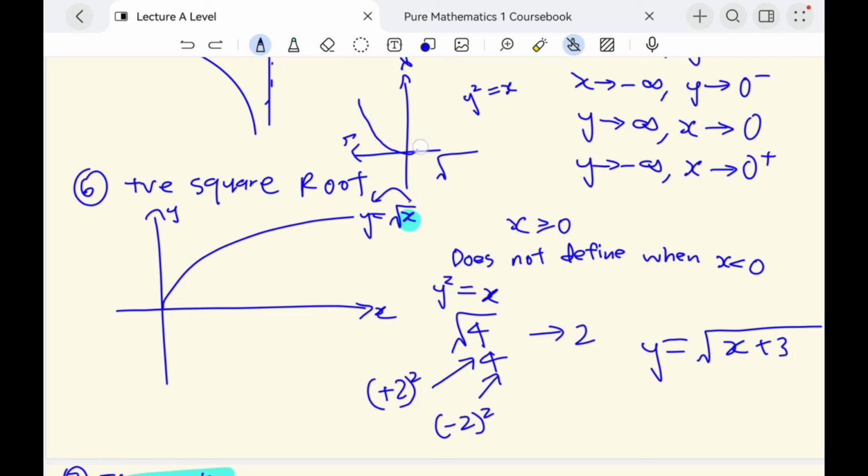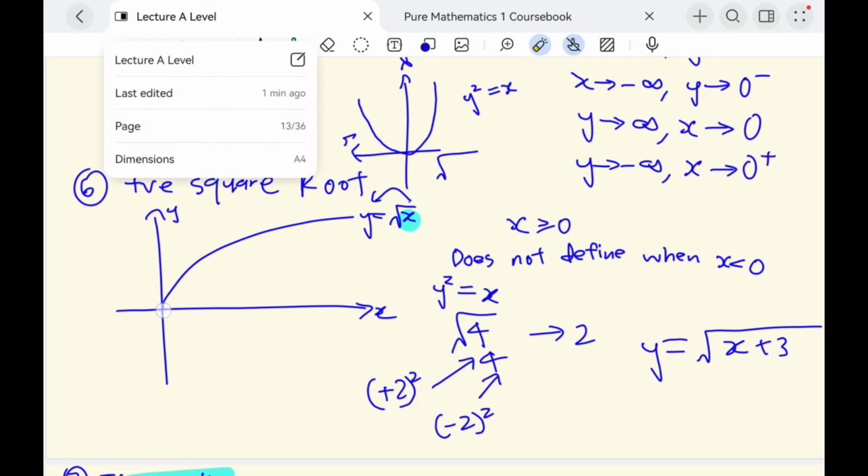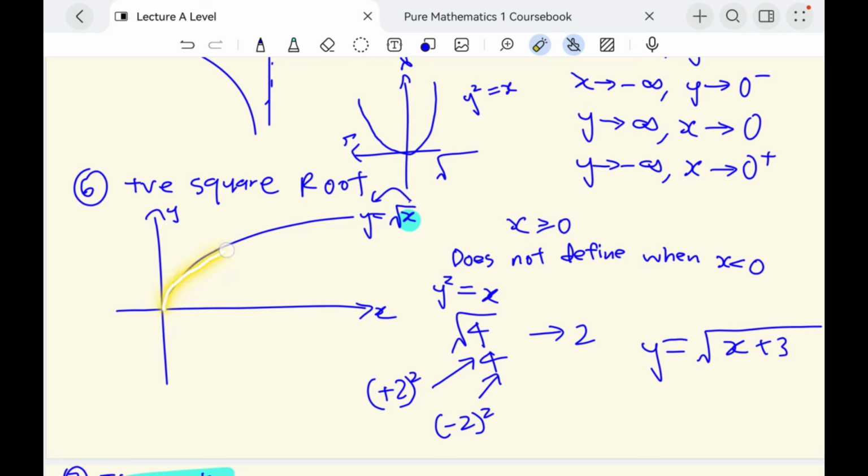So by right, your square root is increasing. There is an increasing gradient, then slowly the gradient decreases for each domain. This is how you draw the positive square root graph.